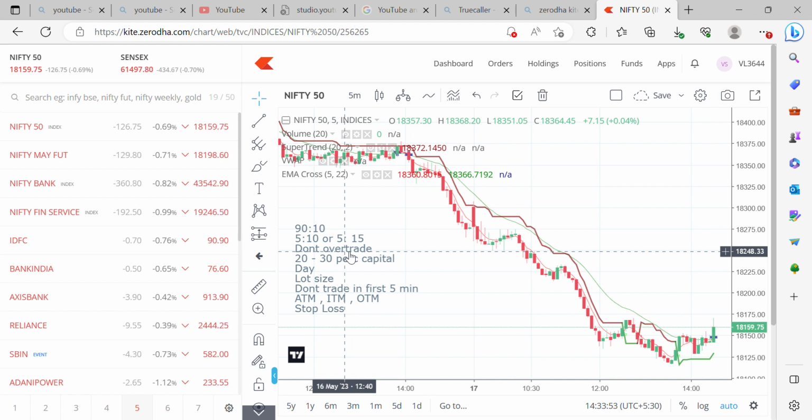Otherwise, if you start trading without technical analysis, thinking the market will go up now, I buy a call, loss happens, then again with a red candle you think the market will go down now, then you buy a put. So it converts to over trading, 8, 10, 15 trades per day, right? And along with the brokerage, ultimately at the end of the day it vanishes your capital. So fix your number of trades per day and don't exceed that.